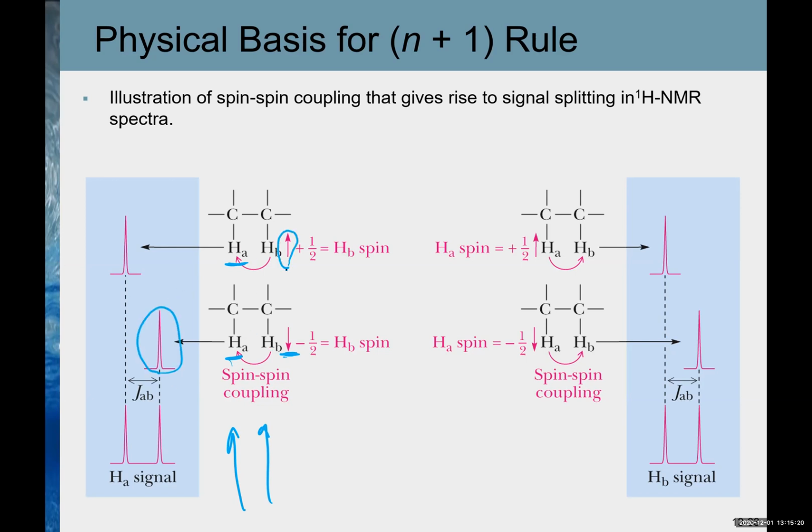If it's aligned along with that, then it's downfield. So in the spectrum, we'll get a doublet here. The distance between two peaks is called JAB, where AB refers to what protons we are talking about, and this is known as a coupling constant.